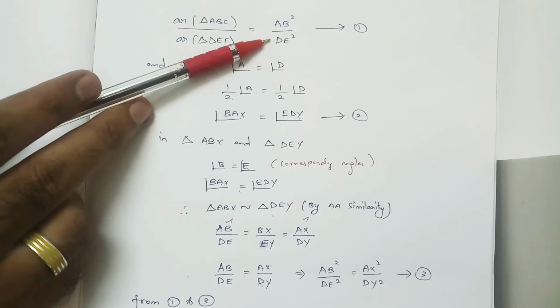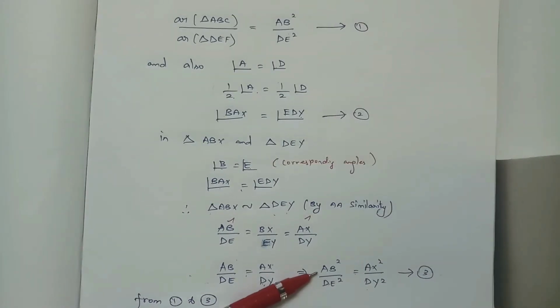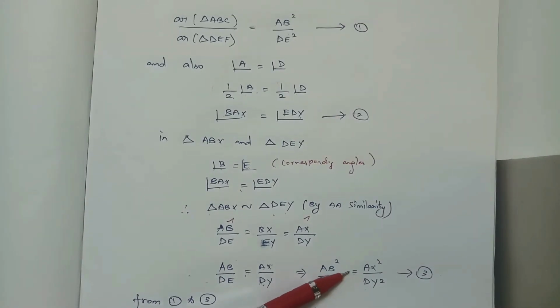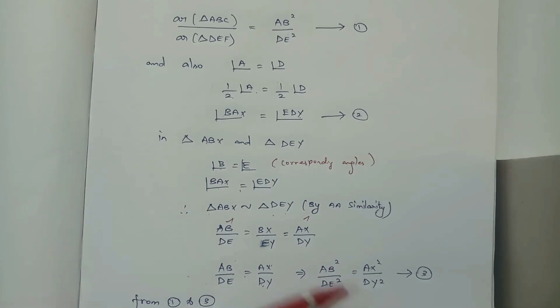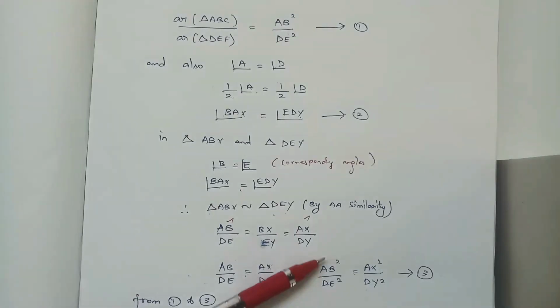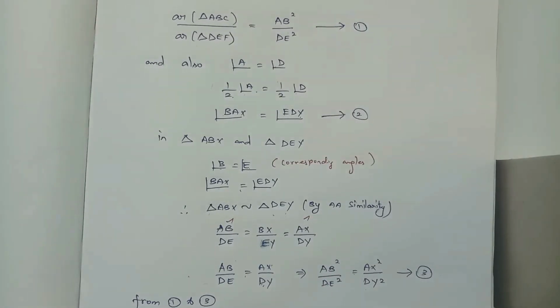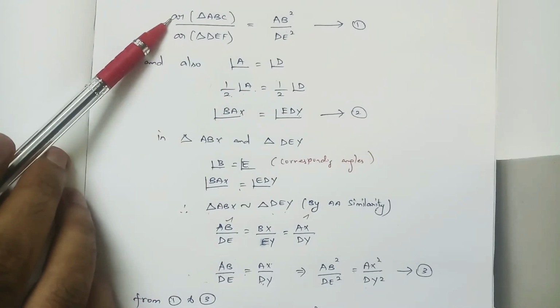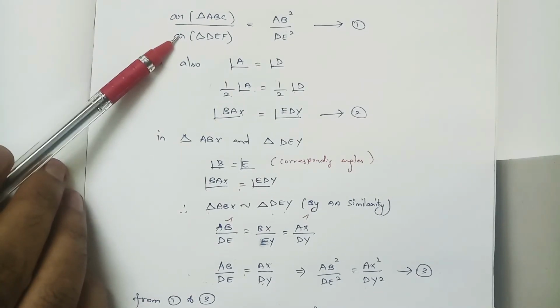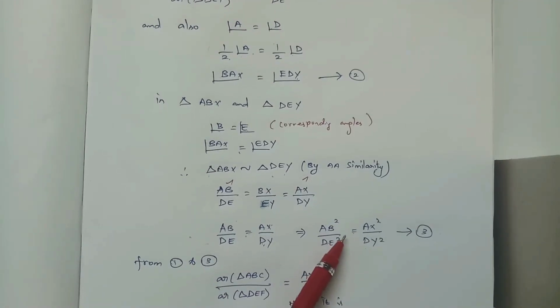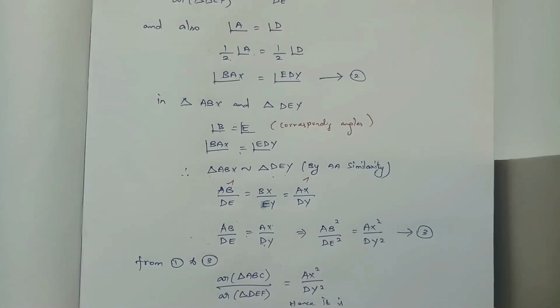Equation 3 is AB square divided by DE square is equal to AX square divided by DY square. So the RHS of equation 1 and the LHS of equation 3 are equal. From equations 1 and 3 we can say that area of triangle ABC divided by area of triangle DEF is equal to AX square divided by DY square. Hence proved.